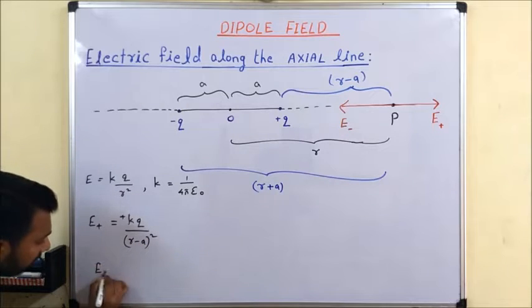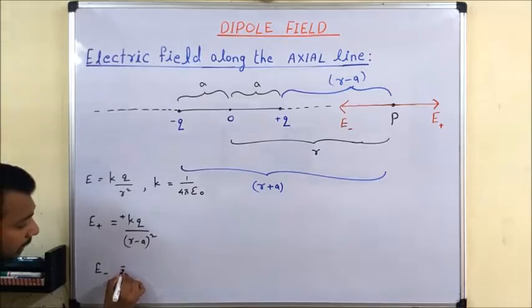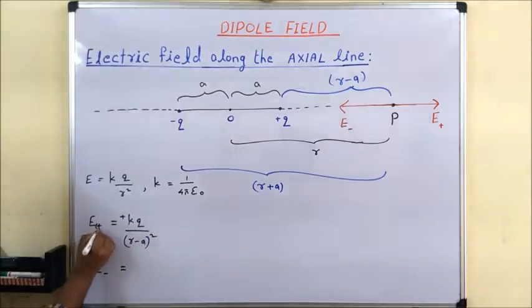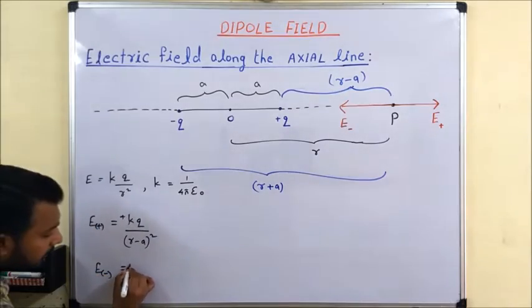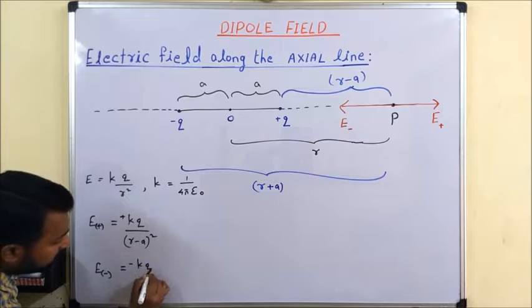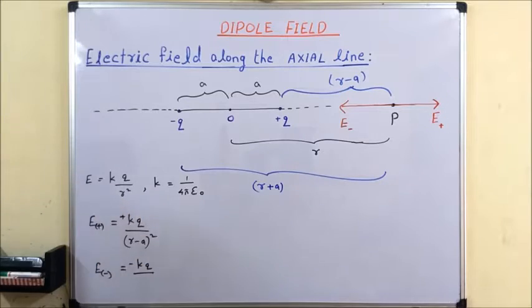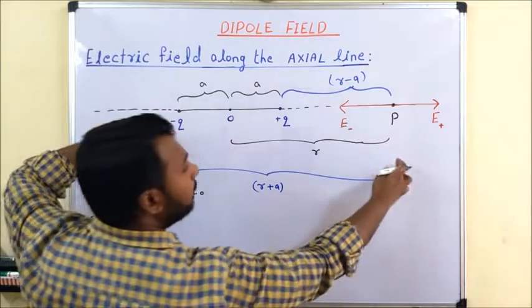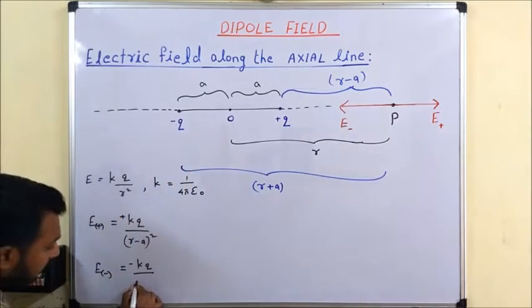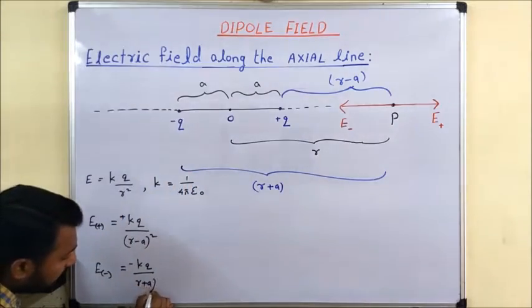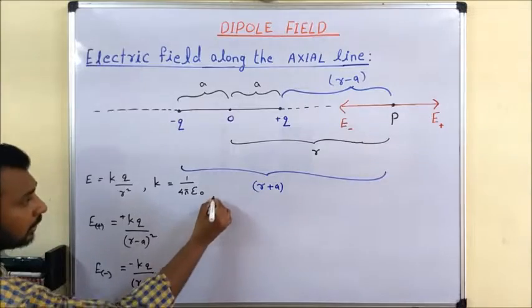Similarly, what will be E minus? E minus is equal to minus KQ divided by the square of the distance between minus Q and P, which is R plus A, so R plus A whole square.